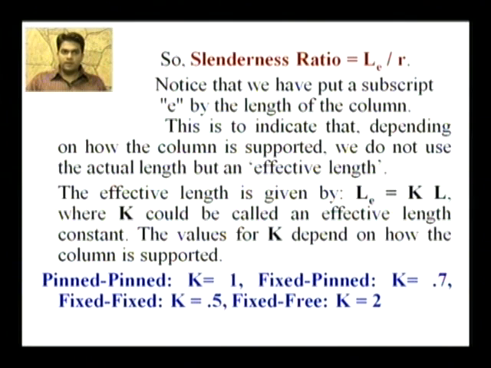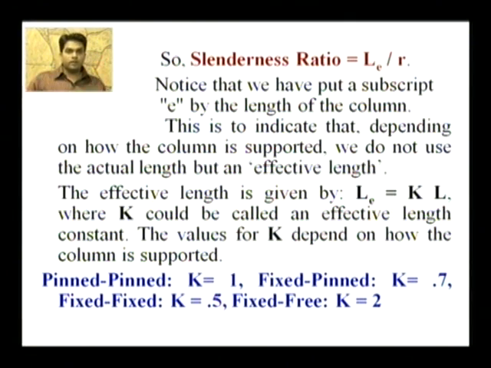The effective length is given by LE = KL, where LE is the effective length, K is called the effective length constant, and L is the actual length. K depends on how the column is supported.